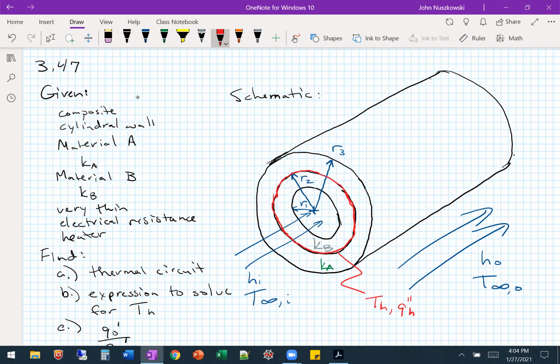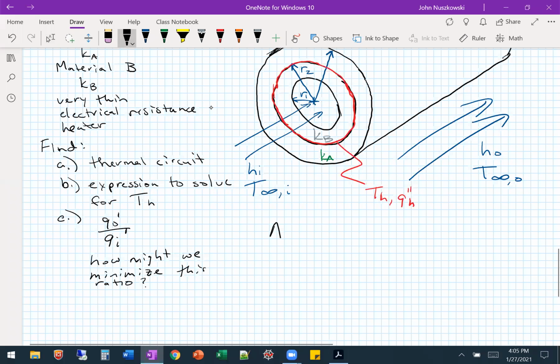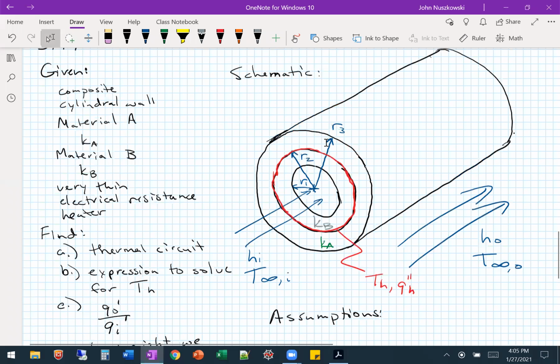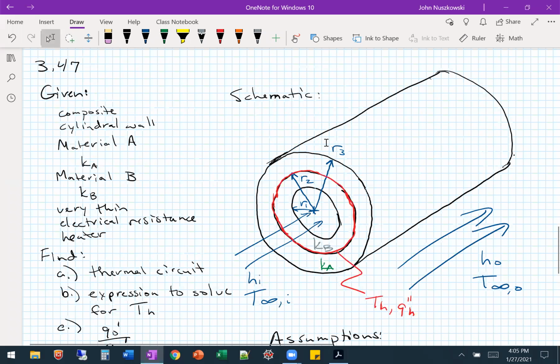Just make sure I'm not missing anything. Nope, that's it. So there's an internal flow and an external flow, right? All right, so with this, we have internal flow, external flow. We have these material A and B, a thin heater in between. First part is to draw the thermal circuit.